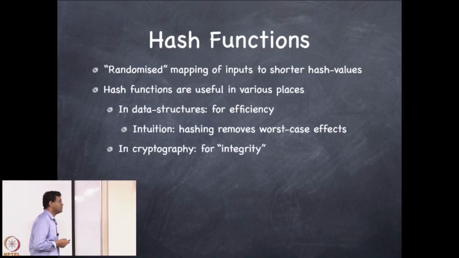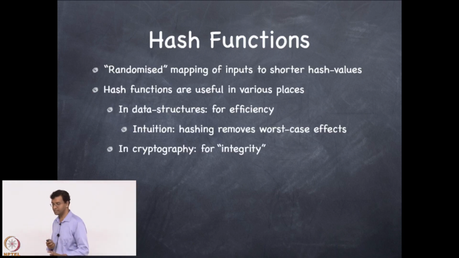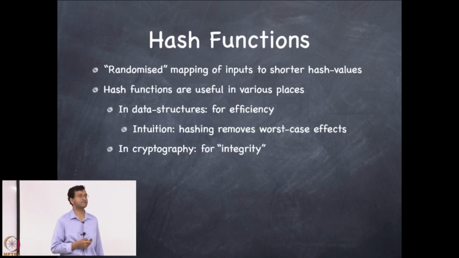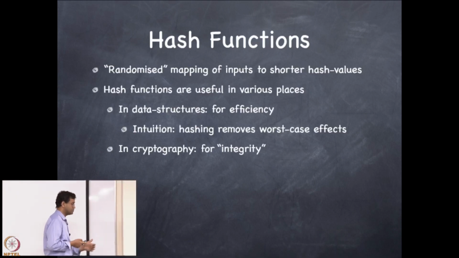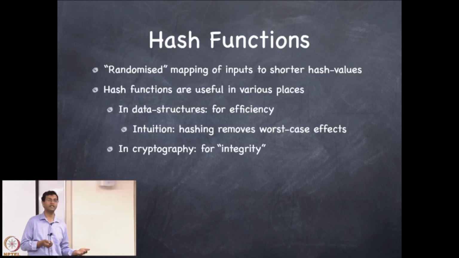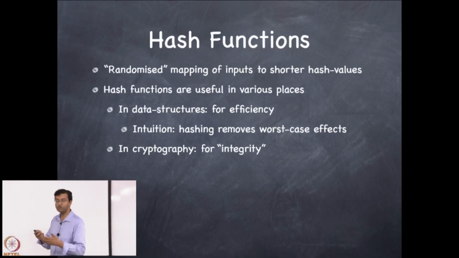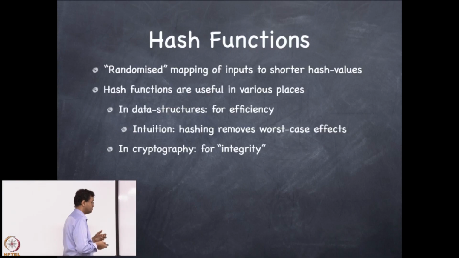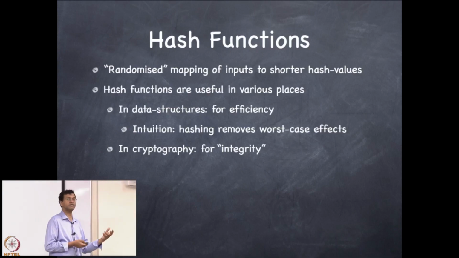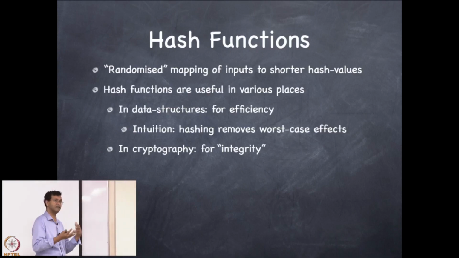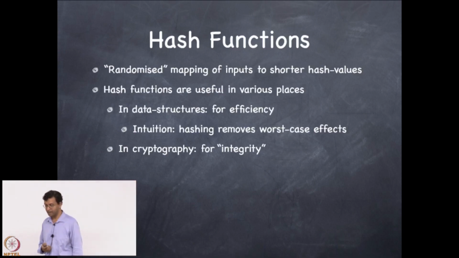But that's not quite the way it's used in cryptography, because we'll see some examples where the hash function is already out there, so the adversary can choose something that's bad for that hash function. It's not that first the input comes and then you pick some hash function that will remove some bad effect, even though that's also a scenario at times.